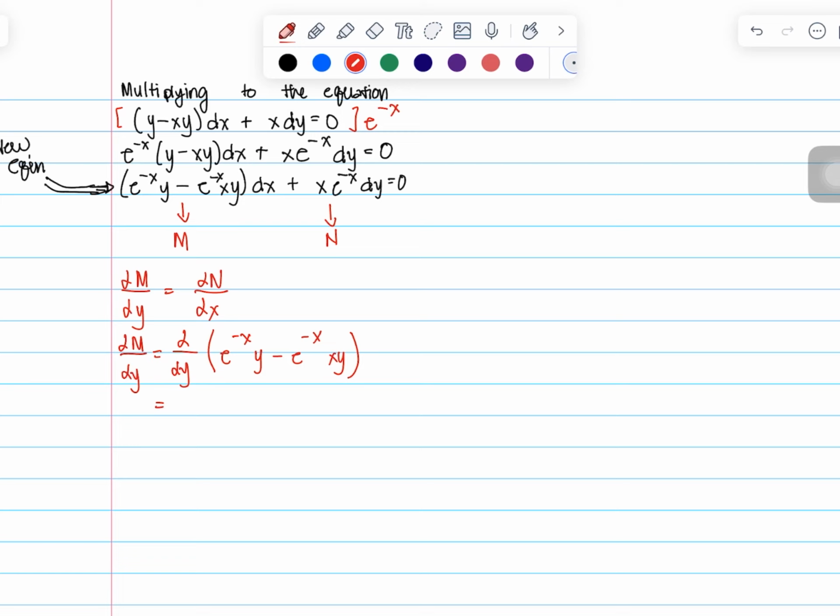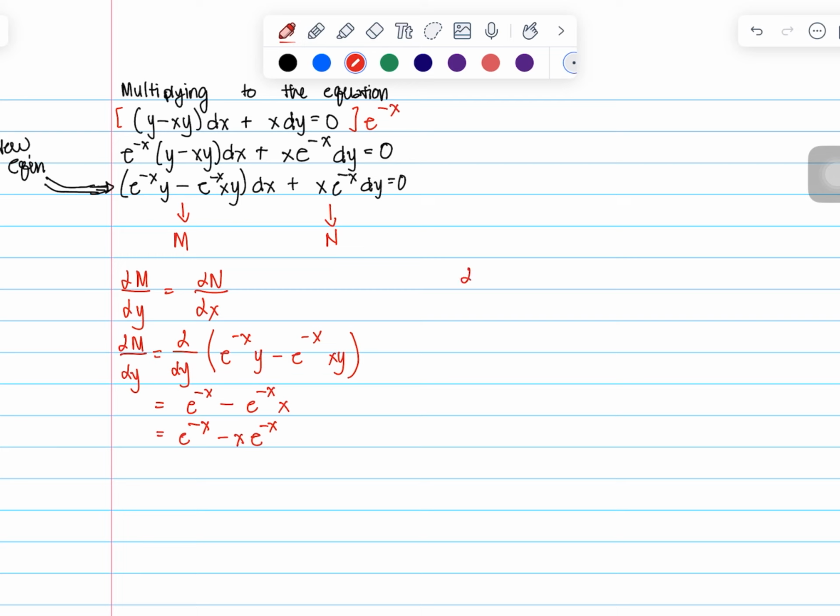We differentiate the first term: we have e to the negative x, and the derivative of y is basically 1. Then we copy the constants, and the derivative of y is still 1.